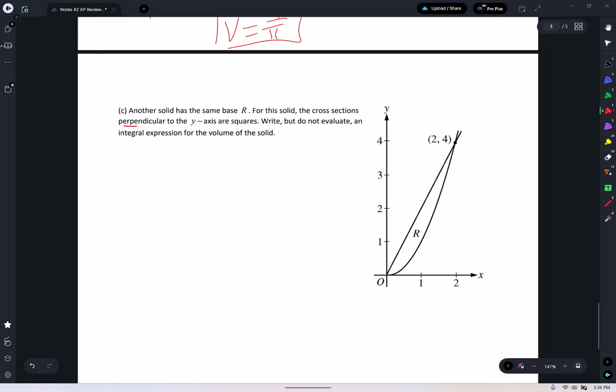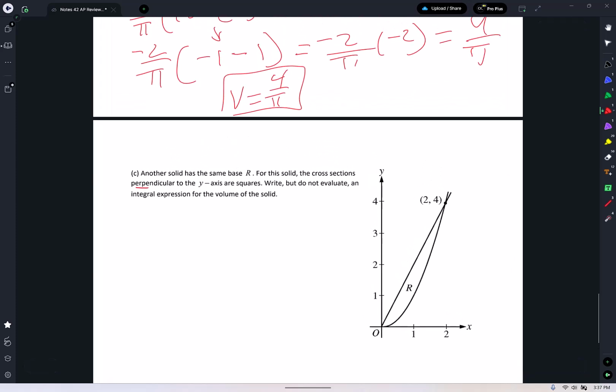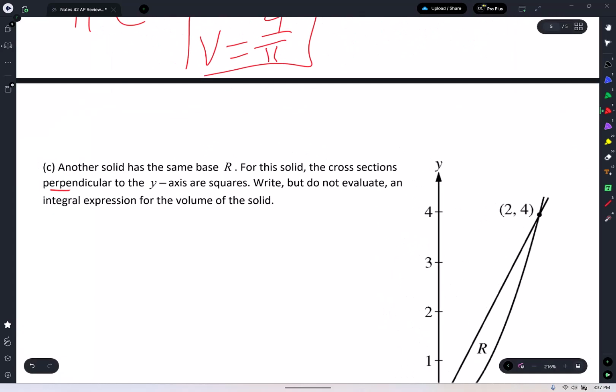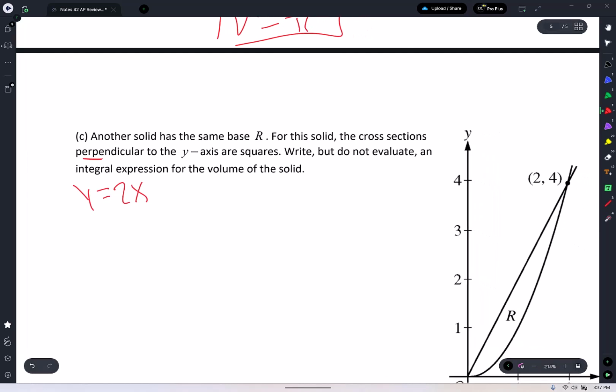Okay, so the last one. Another solid has the same base R. For this solid, the cross sections perpendicular to the y-axis are squares. But do not evaluate the integral expression for the volume of the solid. So we're going to have to take our equations, y equals 2x, and get x alone.